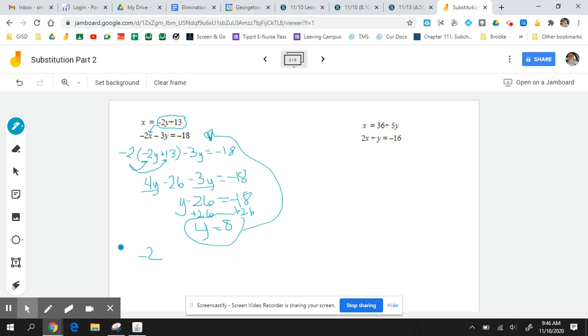So x equals negative 2 times 8 plus 13. So negative 16 plus 13, x equals negative 3. Plug all that back into one coordinate, negative 3, 8.